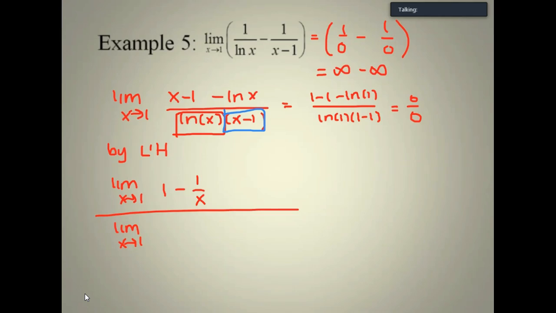So the product rule says the first times derivative of the second plus the second times derivative of the first.